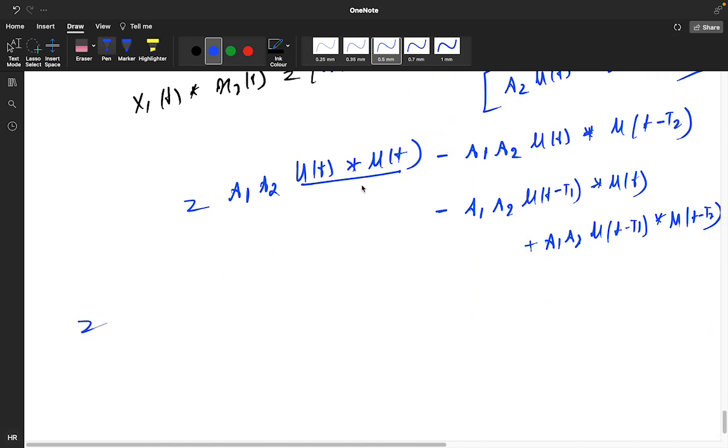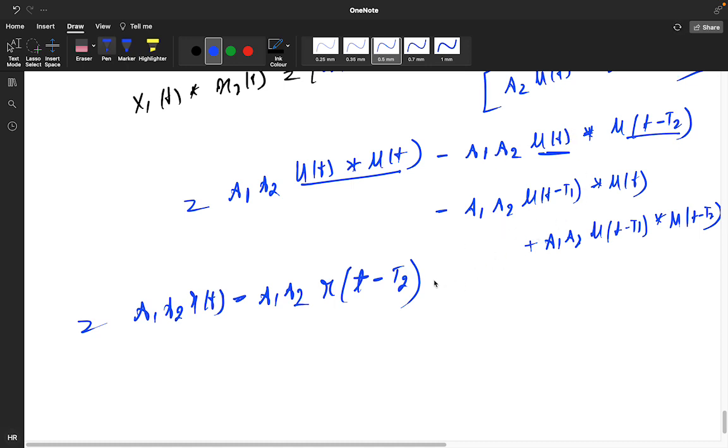We know that u of t convoluted with u of t will give you r of t. Then minus a1 a2 u of t convoluted with u of t minus t2 will give r of t with the delay, 0 minus t2 according to the property, so r of t minus t2.